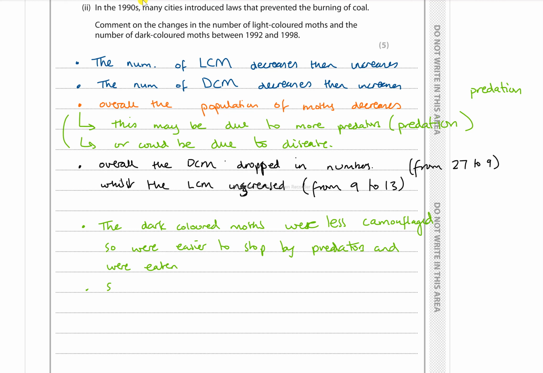Right. So the light colored moths bred and or mated and passed on the light colored moth genes to their offspring.